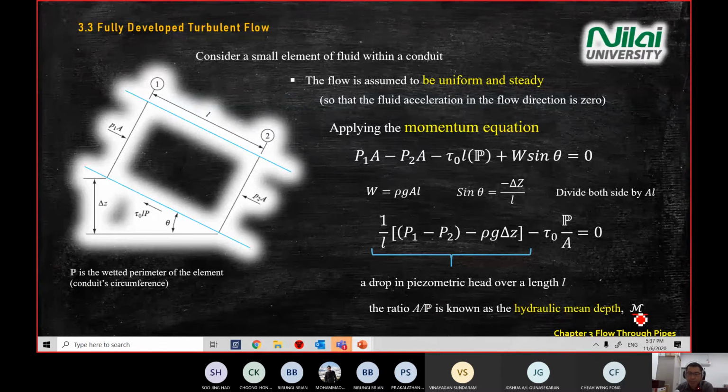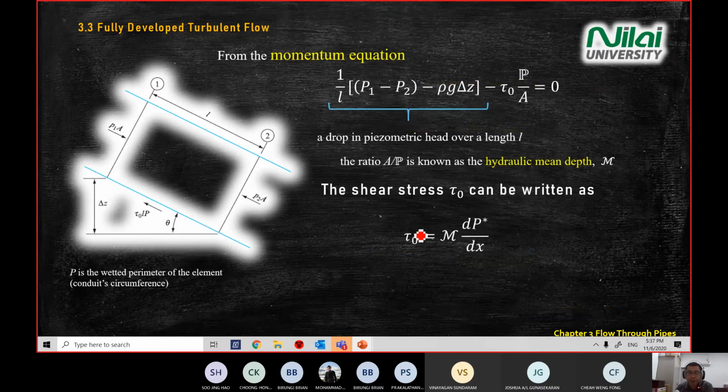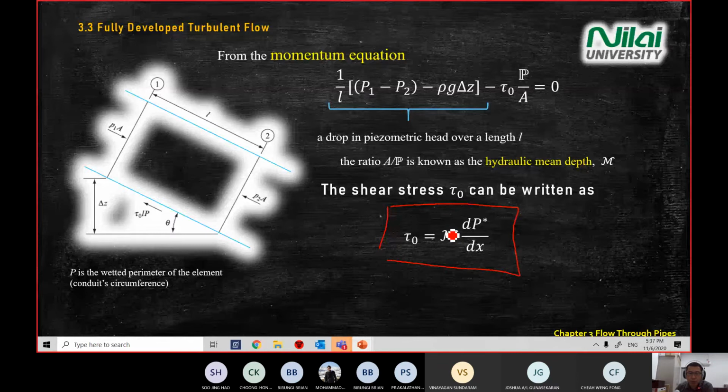We will denote hydraulic mean depth as M. Okay, the rest is mathematical arrangement. So this is another definition for shear stress, right? So shear stress equals your hydraulic mean depth times the change of pressure along x-axis. Okay, I will not go back to the detailed derivation, just straight away pull out what this is.